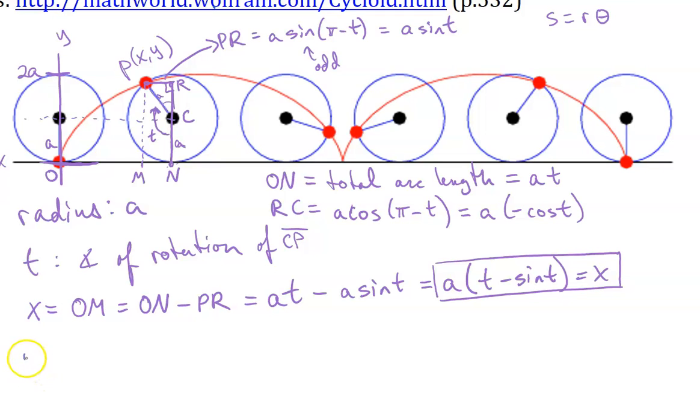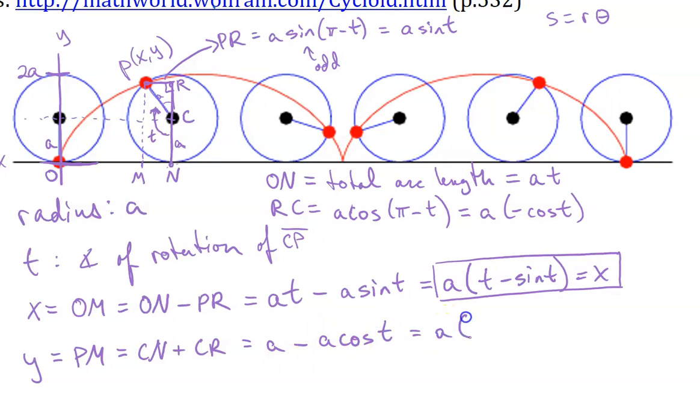So this is our function for x, or x of t, or f of t if you want to write it like that. Then for y, the parametric function representing the vertical change, y is the same height as what we would label here as PM. That's going to be equal to this radius, CN, plus the height here, CR. CN radius is A, and we add that to CR, which is this height right here, which we just found up here to be negative A cosine t.